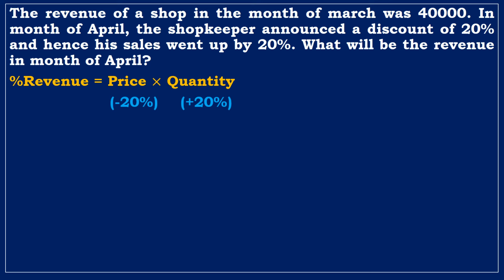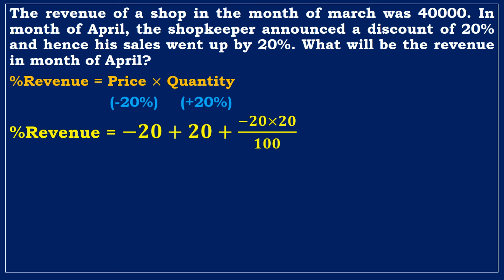According to the effective percentage formula, the net percentage between two percentages is minus 20 plus 20 plus minus 20 into 20 divided by 100. In this case, the sum of minus 20 and plus 20 becomes 0. So, we have a fraction of minus 400 divided by 100, which is minus 4%.